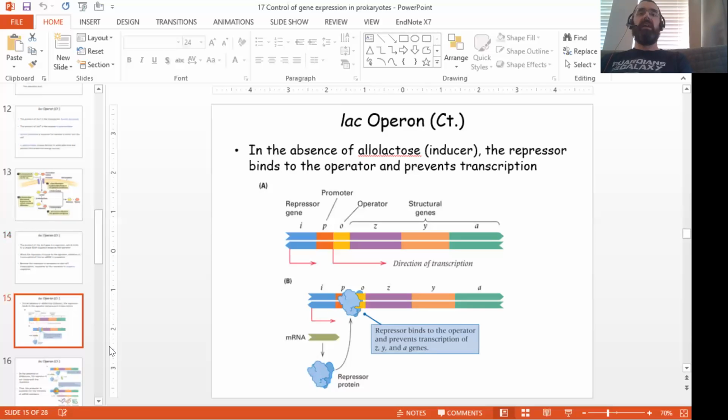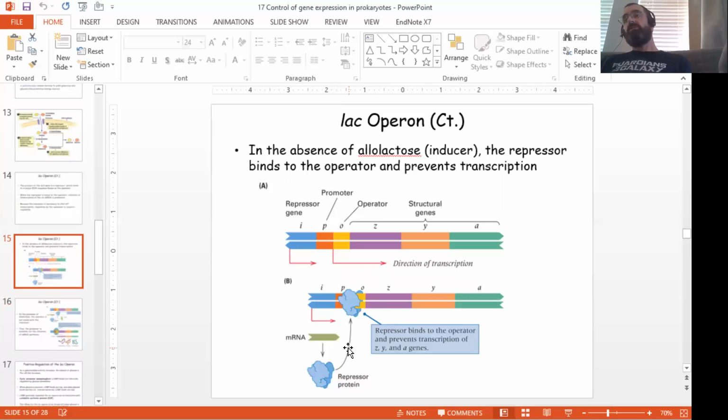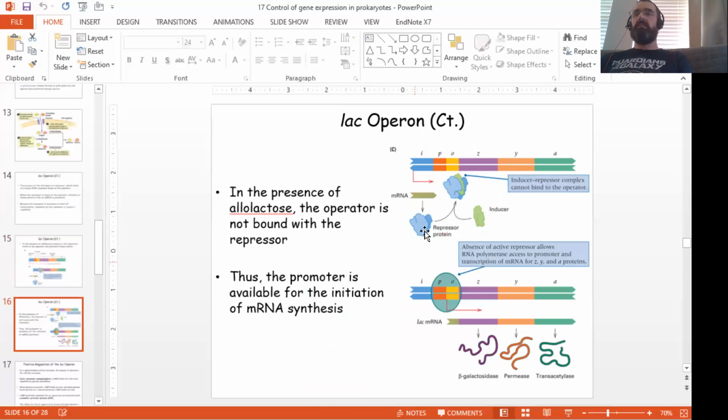the absence of lactose. Now, when you start detecting lactose in the environment, there is some around, that lactose is going to bind to this repressor and result in it falling off of the promoter. It basically changes its shape, similar to how in repressible systems the apo repressor changes shape in the presence of the co-repressor.